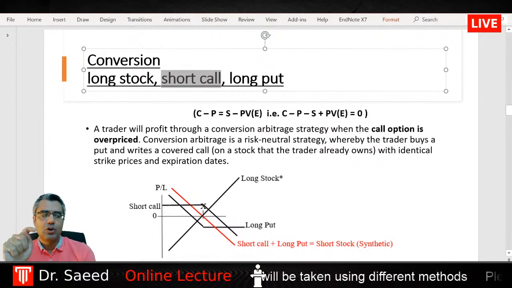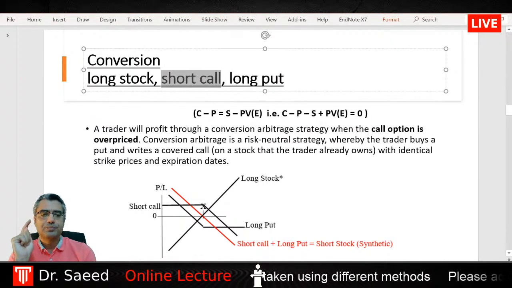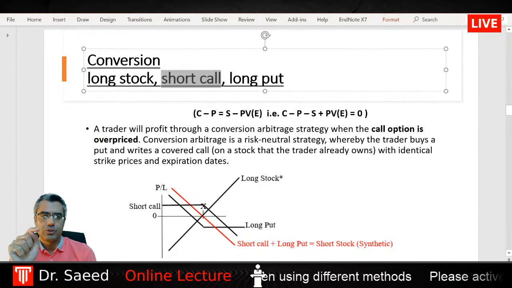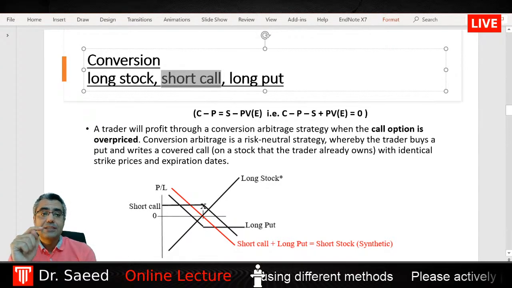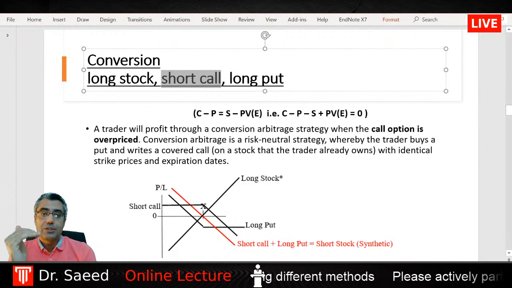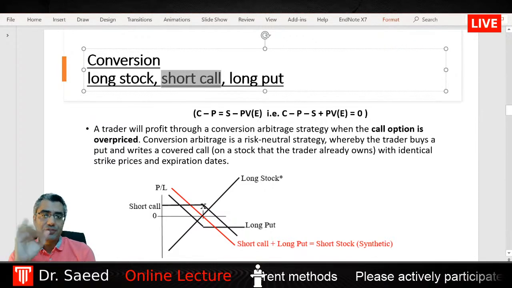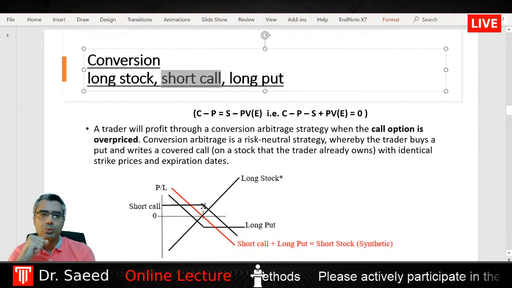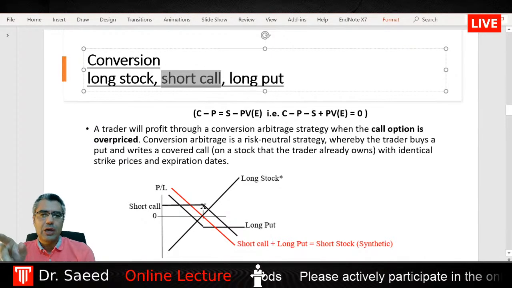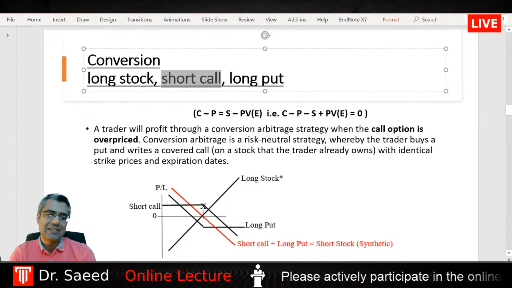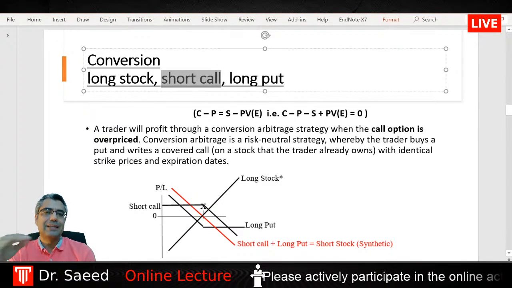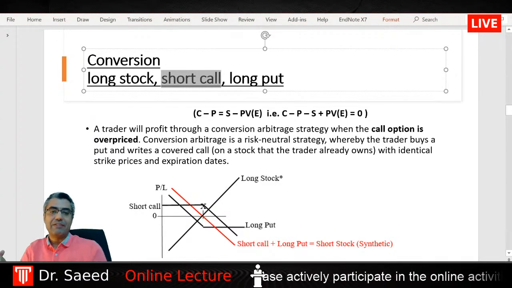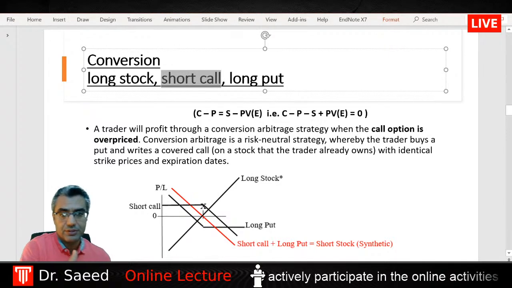When we identify call is overpriced in relation to the price of put and stock, in this case, you of course short call, but you don't want to be affected, so you need to offset your position. How to offset your position? You long stock and long put as well. And the overall output of these three is a flat line. And this flat line is above zero. This means you have captured the profit. You lock in your profit.